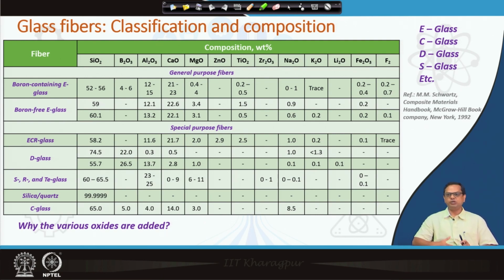For example, E glass is basically electrically insulating glass. C glass means higher corrosion resistance. Similarly, D glass means better dielectric properties. S glass means high temperature strength improves. Okay. So, based on what kind of oxides we add, we augment certain properties. It is not to make it glass, but yes, making glass has a certain advantage.